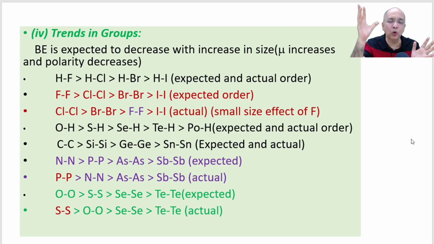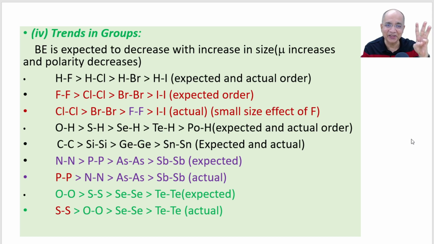So both support the decrease in bond energy, and that happens in most of the cases, barring a few homonuclear bonds of the nitrogen, oxygen, and halogen families. These are the three families where you will encounter anomalies among nonpolar bonds.